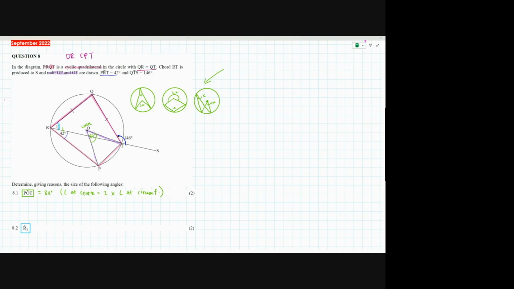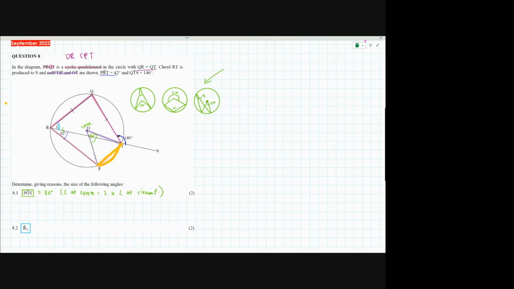Ma'am, I also have a quick question. Do you mind redrawing how you figured out the angle O? I don't know if you understand what I'm trying to ask. Yeah, no, I do. Okay, so what I'm going to do is make my pen a little bit thicker and we'll do it like this. Essentially, your angle at center and angle from circumference originate from the same arc, or you can use the same chord. So we've got the chord PT here. You can use either one.